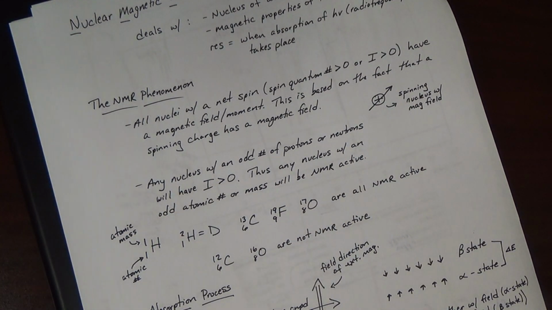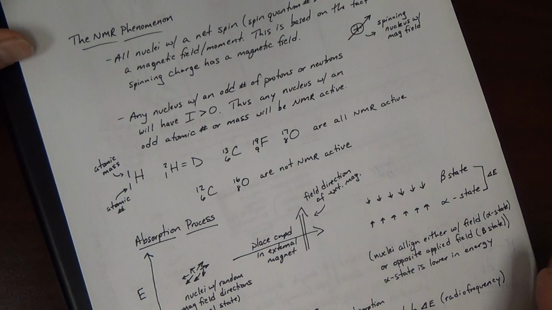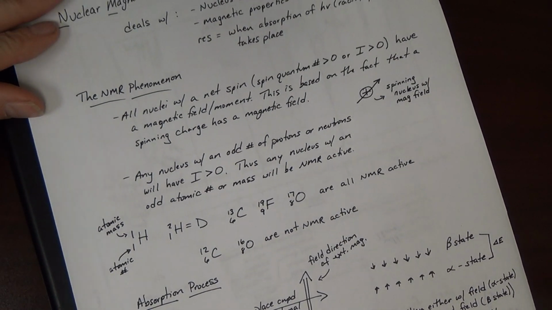The NMR phenomenon, which I title this section, that is, how do we get a signal? What's going on with NMR? We'll see that down here. But first, let's make a few statements.